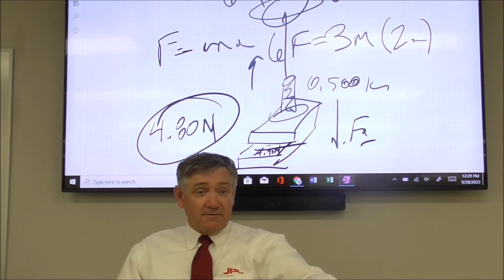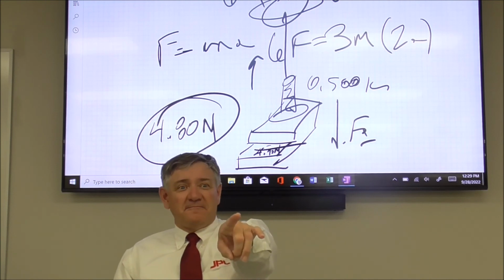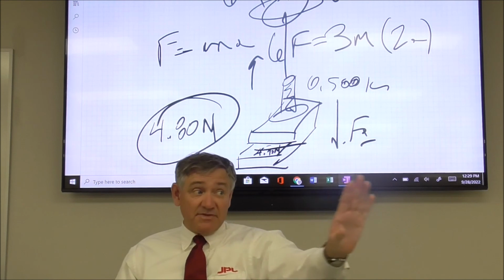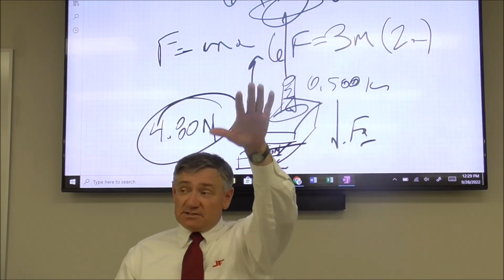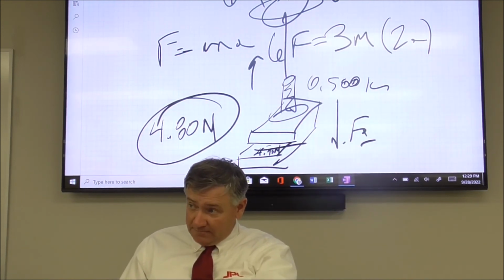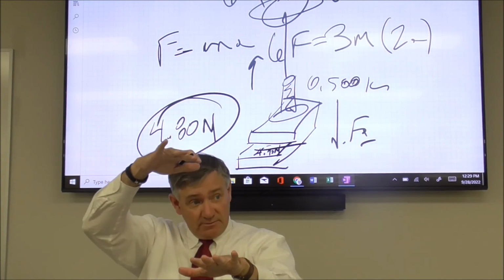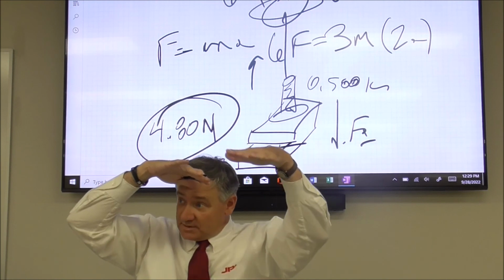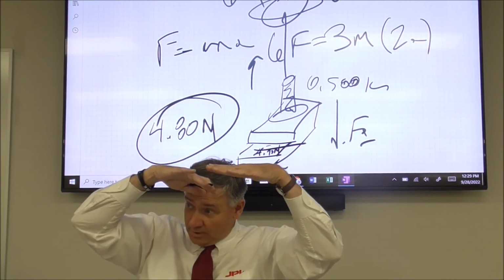Why? Because everything still has to add up to 0, because nothing's accelerating. Gravity is still pulling down at negative 4.9. The scale is providing 4.8, because the balloon is providing the difference, which is 0.1.